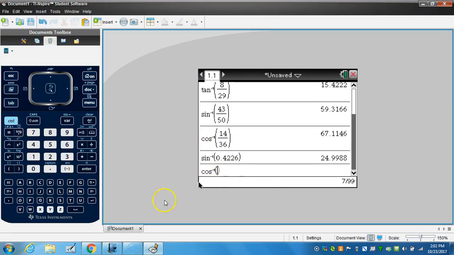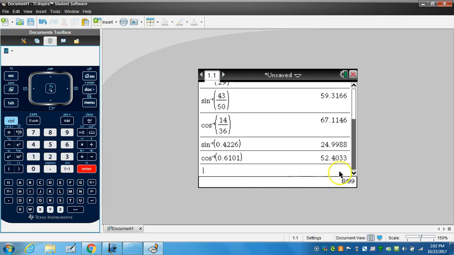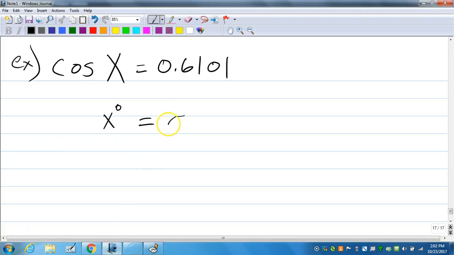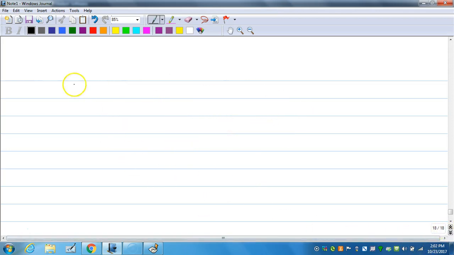Cosine negative 1, 0.6101. 52.40. There you go. X is 52.40 degrees. And you're done. Just very simple like that. The calculator does all the work. Assuming your calculator is in the right mode, of course.